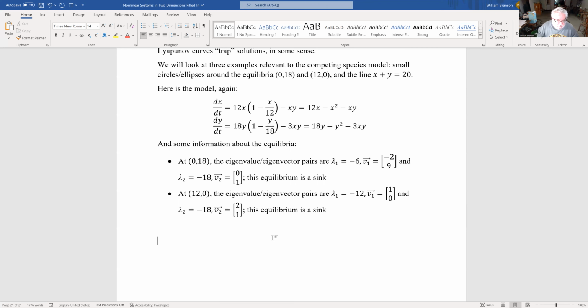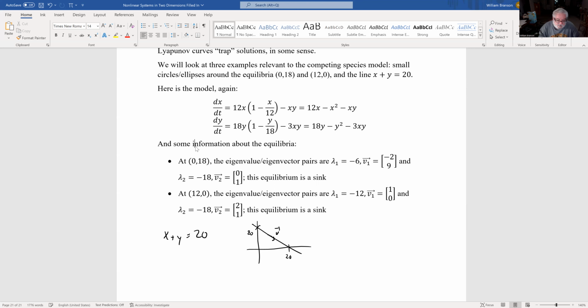So for the line, we'll start by looking at the line x plus y equals 20. So this is a line in the plane. It's got x-intercept 20, y-intercept 20.